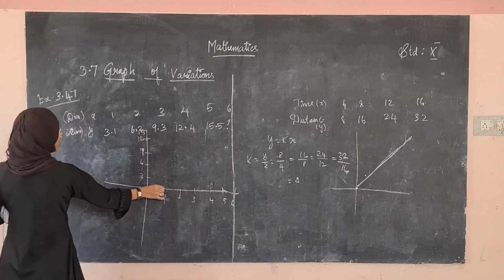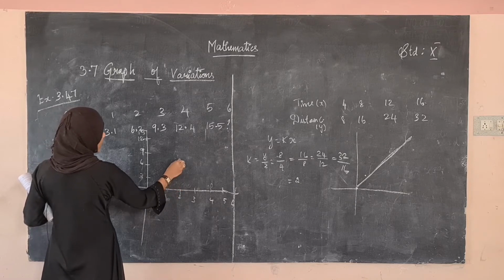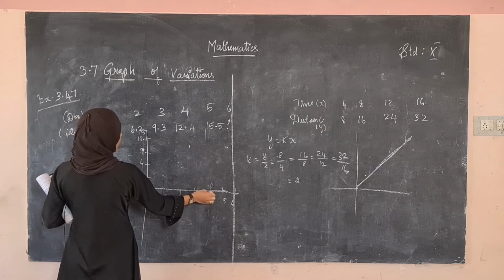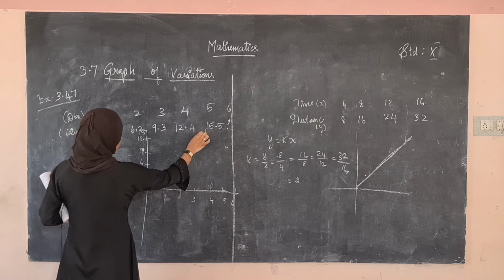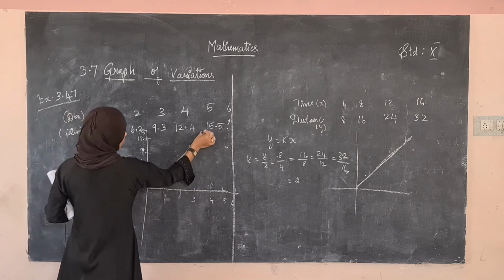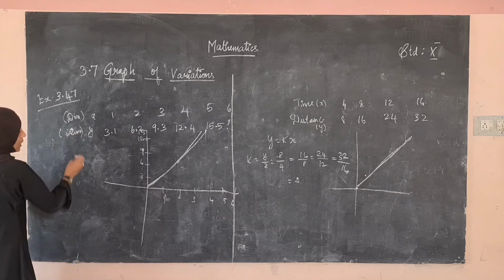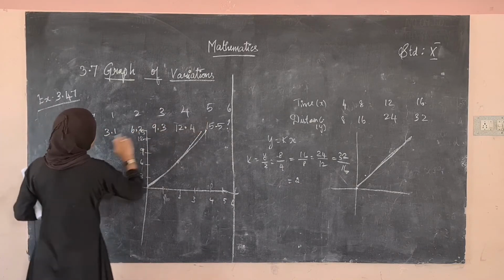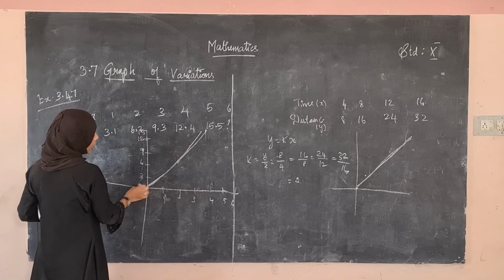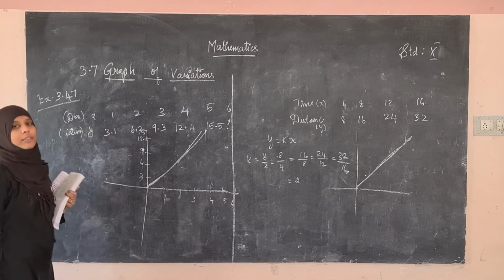For 1 it is 3.1, for 2 it is 6.2, for 3 it is 9.3 and for 4 it is 12.4. So the graph is like this. This will be a straight line. You have to draw the graph. See here, this is an increase and this is also an increase. The graph is a straight line and the graph passes through 0, 0. Therefore, we can say this is the graph of direct variation.